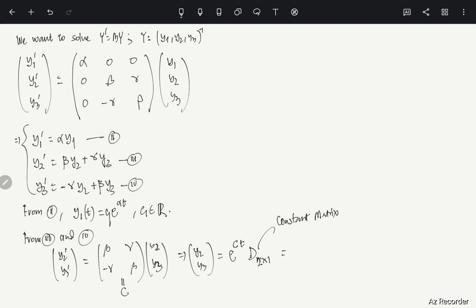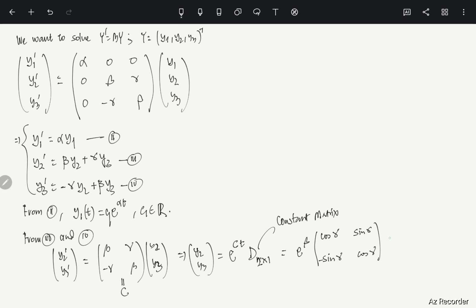What we found out is that this is e to the power beta times the matrix cosine gamma, minus sine gamma, sine gamma, cosine gamma.